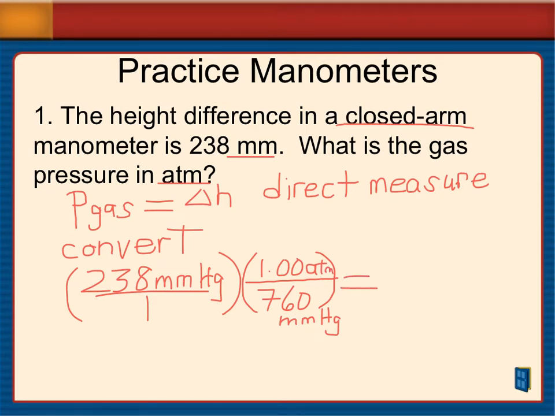We simply cancel out the units, as we have done many times in converting one thing to another, and we obtain the value of 0.313 atmospheres.